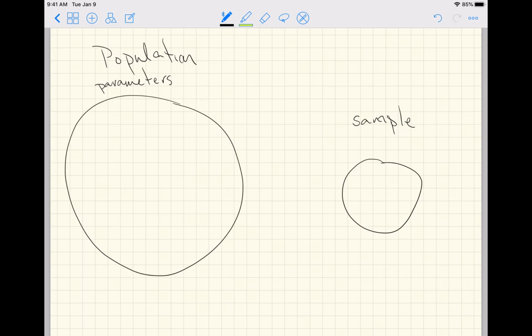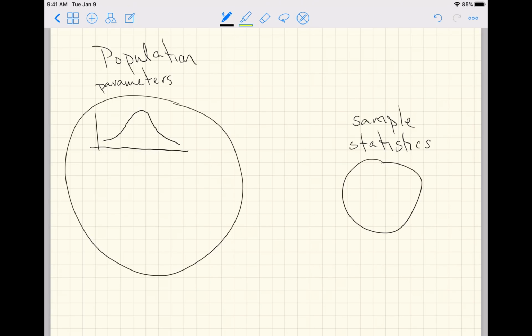And in order to estimate population parameters, we calculate statistics. That is, our statistics, like the sample mean or the sample median, are estimating the population mean or the population median. And the way we have this in the world of statistics is we assume there is a population distribution.